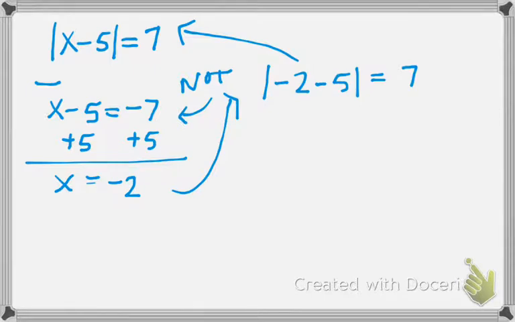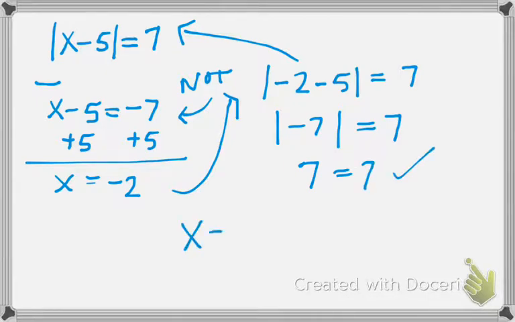It has to make the original equation true. So that gives us the absolute value of negative 7 equals 7. The absolute value of negative 7 is indeed 7, and this is a true statement. So for this problem, our two answers were 12 and negative 2.